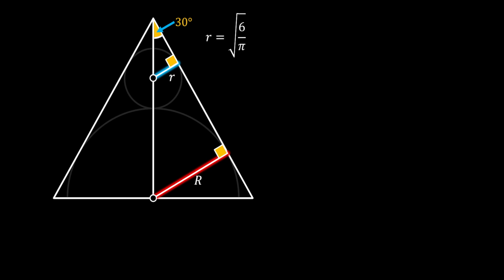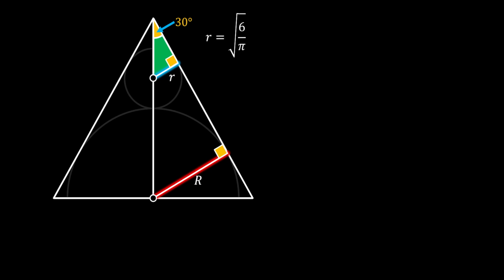Well, take a look at the newly formed green triangle on the top. This triangle is a right-angled triangle with an acute angle of 30 degrees, which means that the other acute angle must be 60 degrees. So this is actually the famous 30, 60, 90-degree triangle, and we can use the property of this triangle.